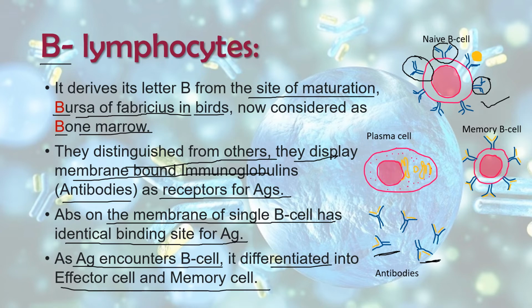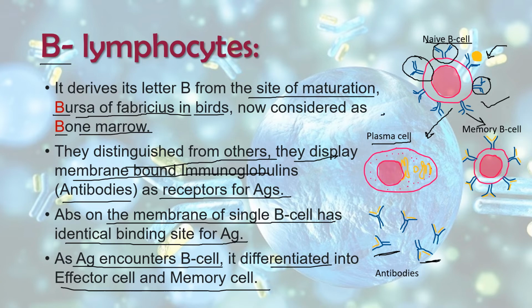So suppose this is our naive B cell, which has not been introduced to any kind of antigen right now. As soon as the antigen comes, it interacts with the receptors of the B cell, or we can say the immunoglobulins present on the B cell. Okay, it differentiates into the plasma cell, or we can say the effector cell, and the memory cell.